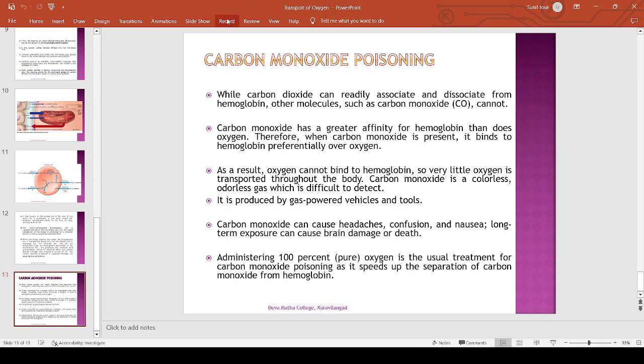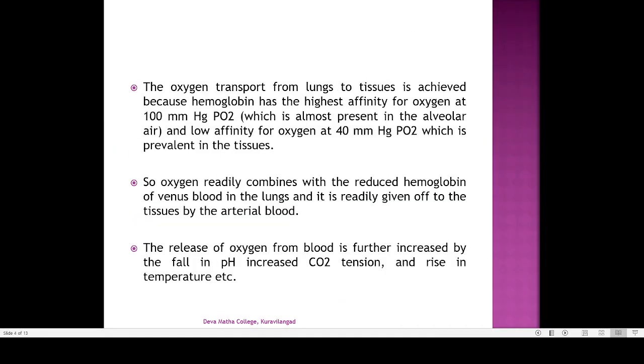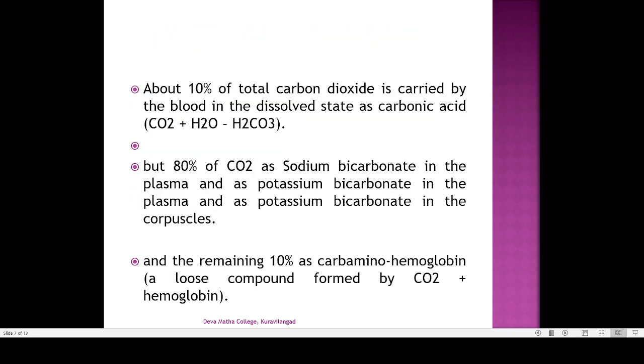So, regarding carbon monoxide poisoning, we have discussed the transport of carbon dioxide, and while studying that, I think you may remember these three different ways of transport: as carbonic acid, as bicarbonates, and as carbaminohemoglobin.